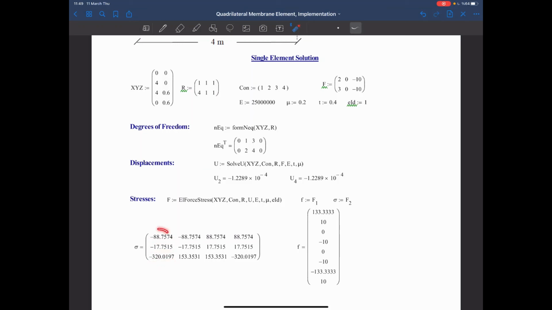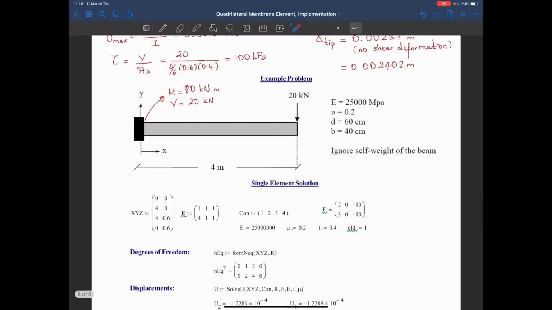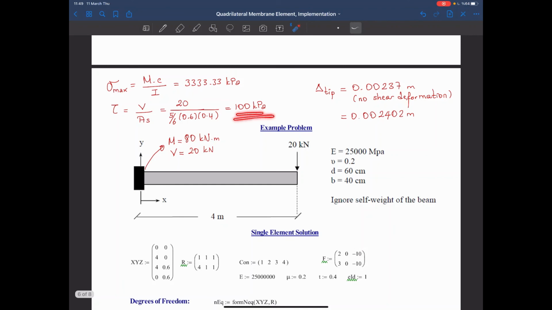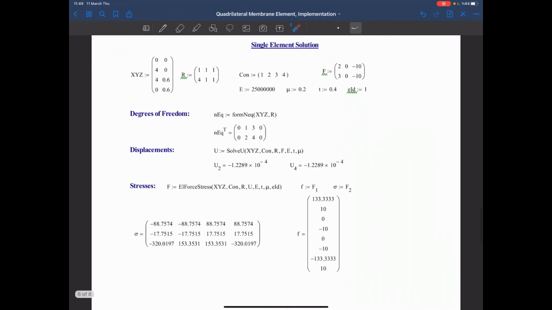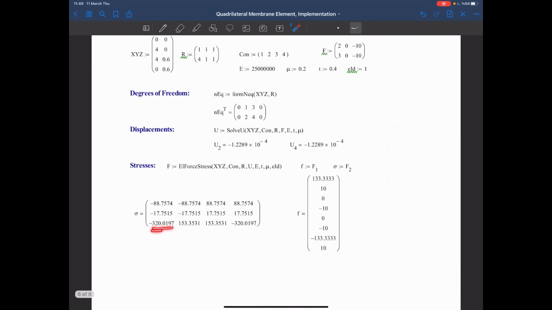So we got very small axial stresses, but we expect to see a shear stress in the range of 100 kilopascals. But the stress here is very close to 320. So, I mean, this is just garbage. This is not a good solution.